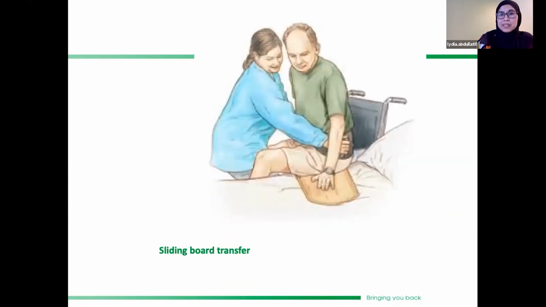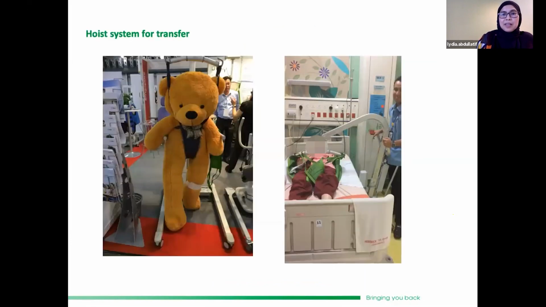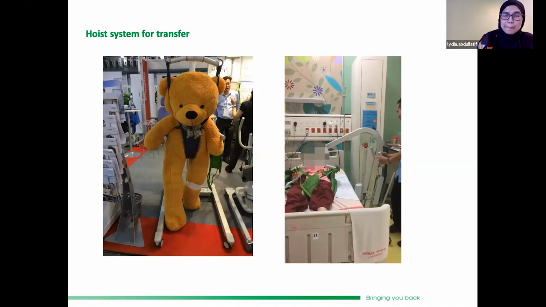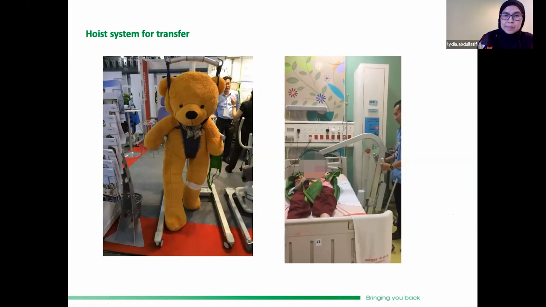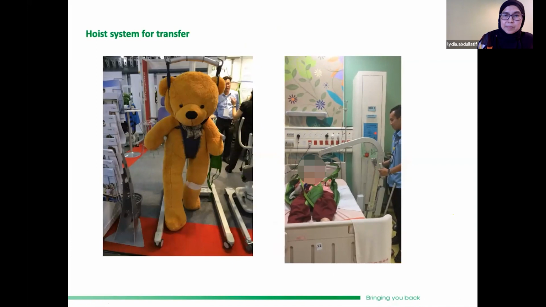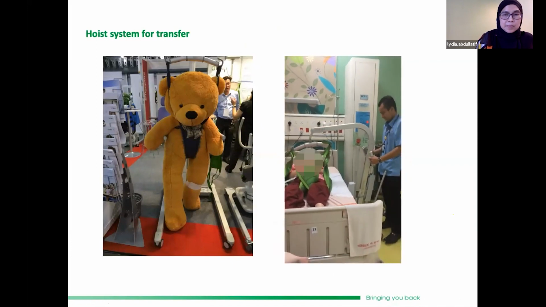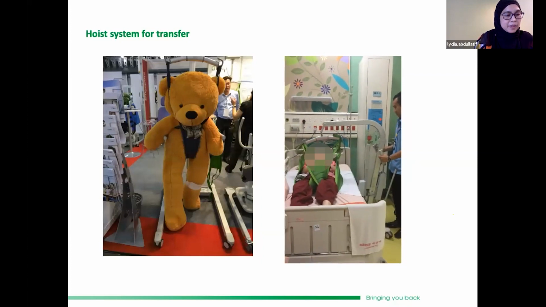Okay. This is what I mean by sliding, using a sliding board. And this is using a hoist or mechanical lift. Okay.